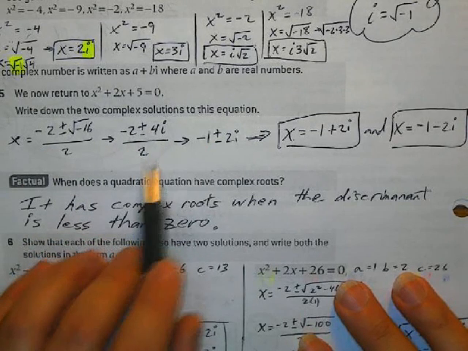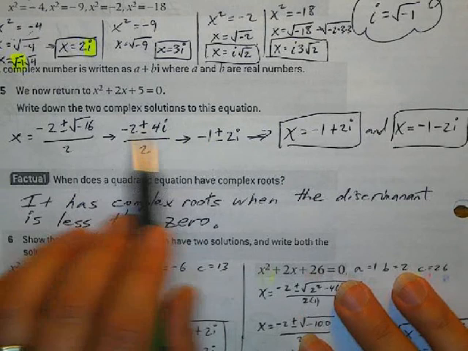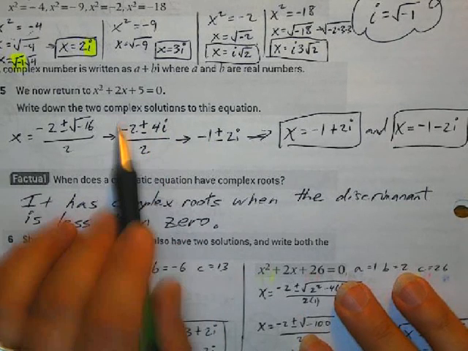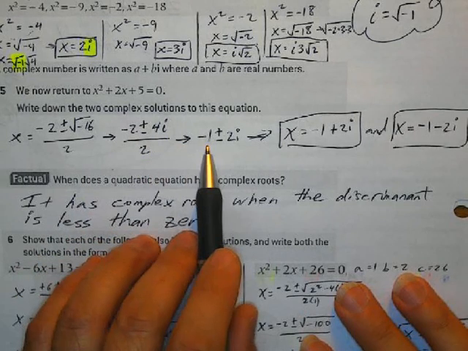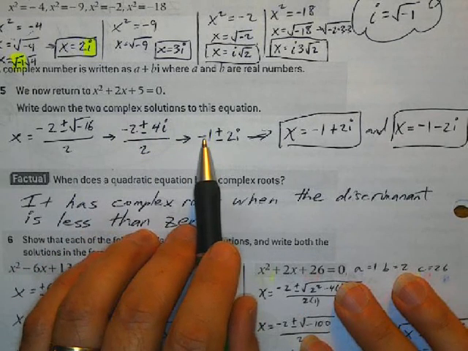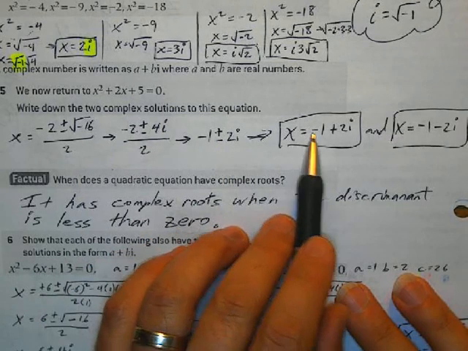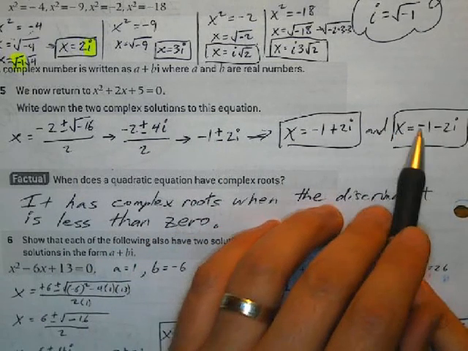That can simplify, since both are even numbers, we can divide this by 2 and divide that by 2. Okay, so negative 1 plus or minus 2i. So I've got two answers, negative 1 plus 2i and negative 1 minus 2i.